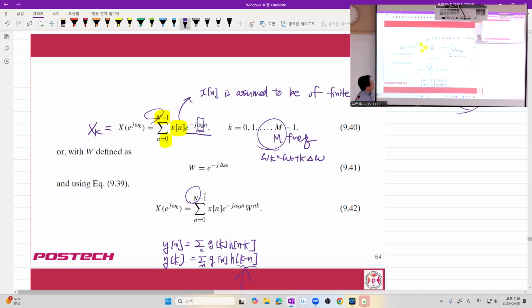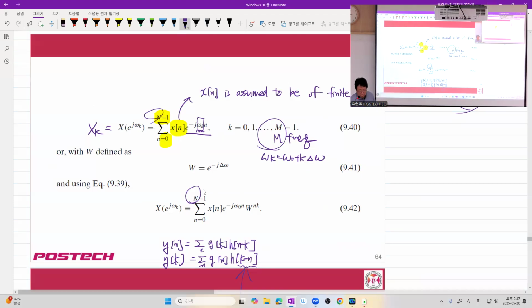This complex number, if it is plugged in here, has linearly increasing phase, which means that the complex points where we want to evaluate the Z transform of the discrete time signal lie on the unit circle with equal spacing. Okay? So by defining W as e to the negative j times some delta omega, we may rewrite this line as this one.